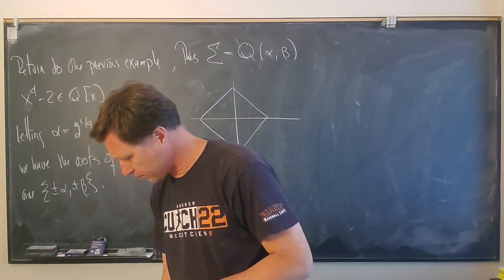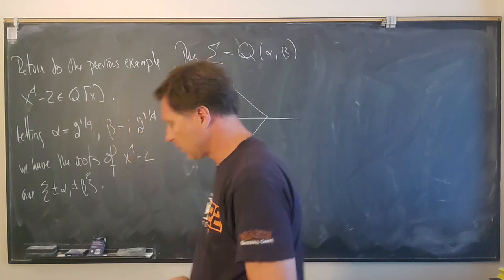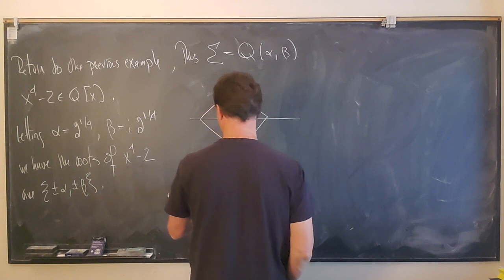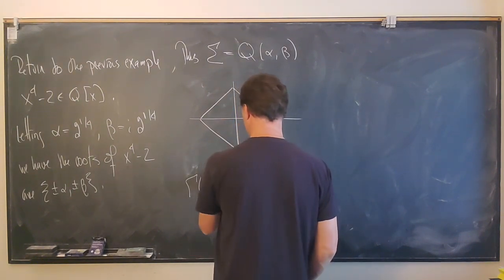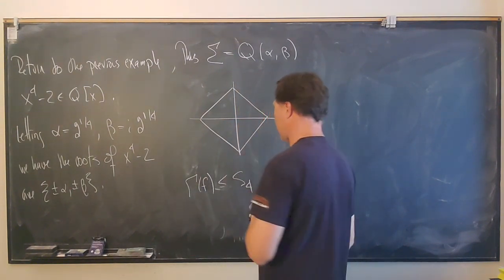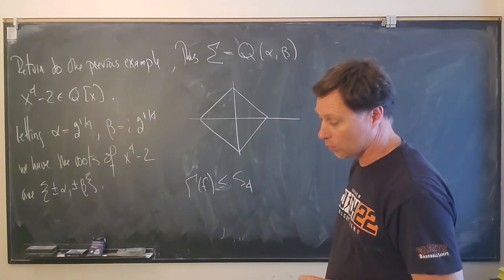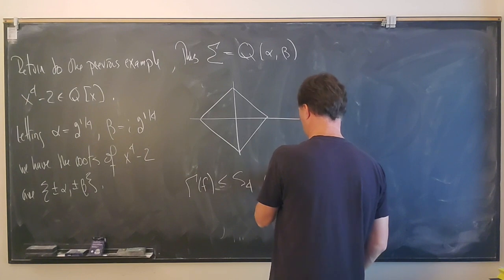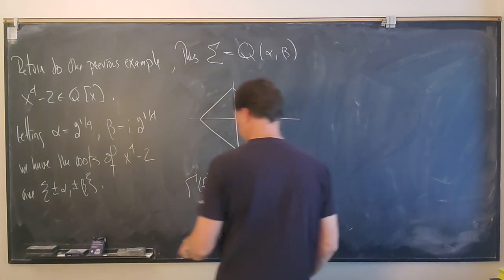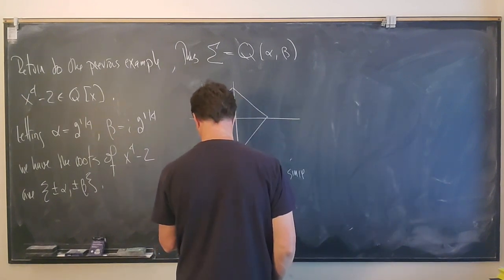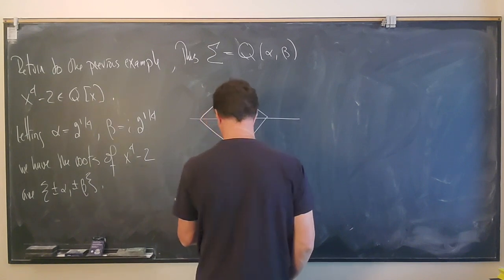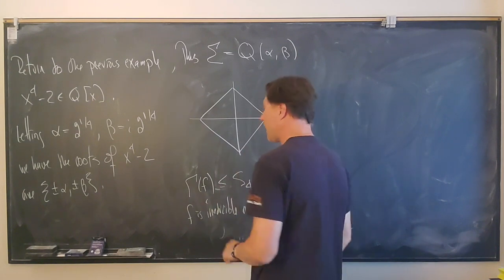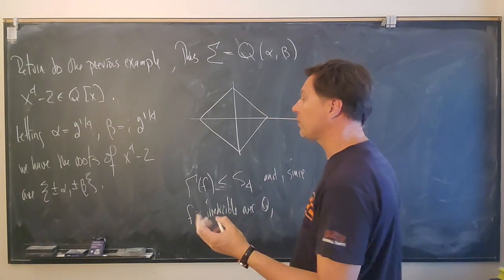And so we know that gamma of f permutes the roots, so it's got to be isomorphic to a subgroup of S4, and since f is irreducible over Q, gamma of f has to act transitively on the set of roots.